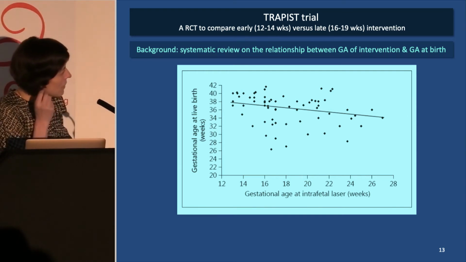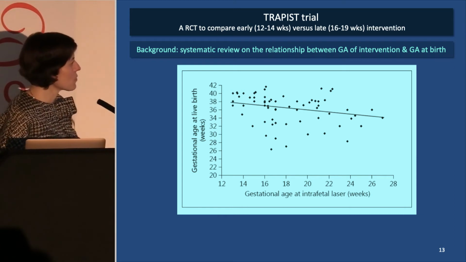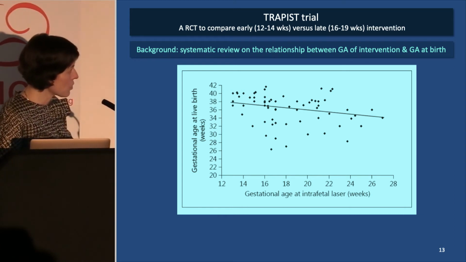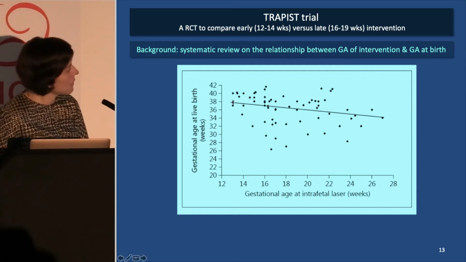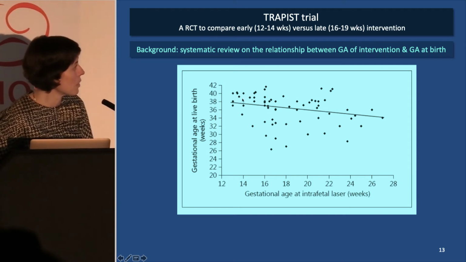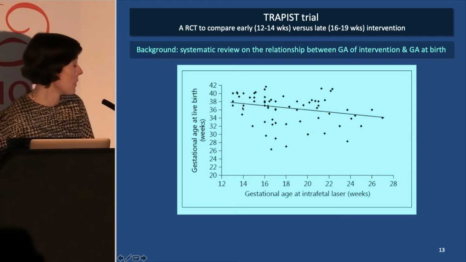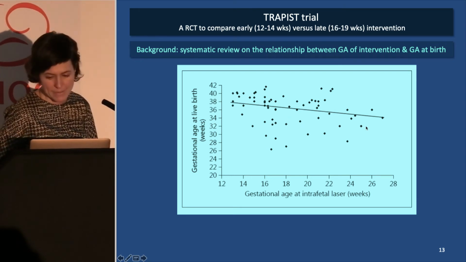And another observation, from a meta-analysis also published by King's College Hospital, is that when you treat them earlier in the pregnancy, they tend to deliver later. So the earlier you treat in pregnancy, and this was significant, the first trimester cases delivered later than the ones treated later on in pregnancy.